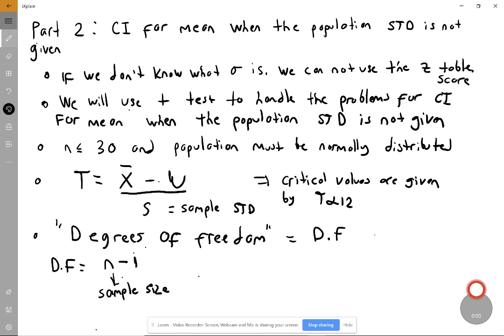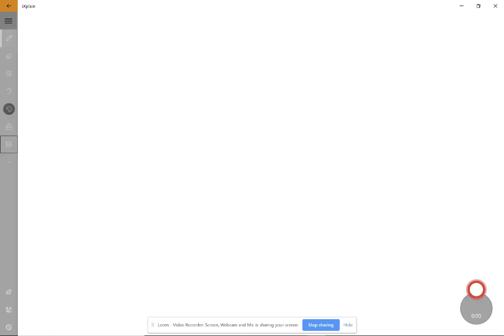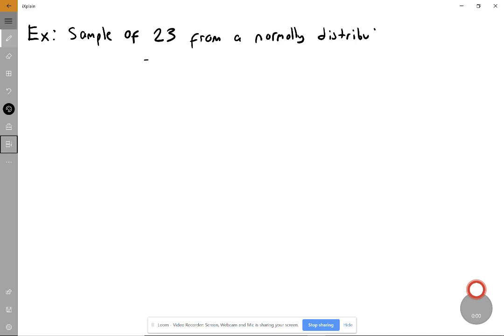Okay? So let's go over an example. Let me open a different page. Okay. Let's say that we have a sample of 23 from a normally distributed population, and we want to find the critical value.